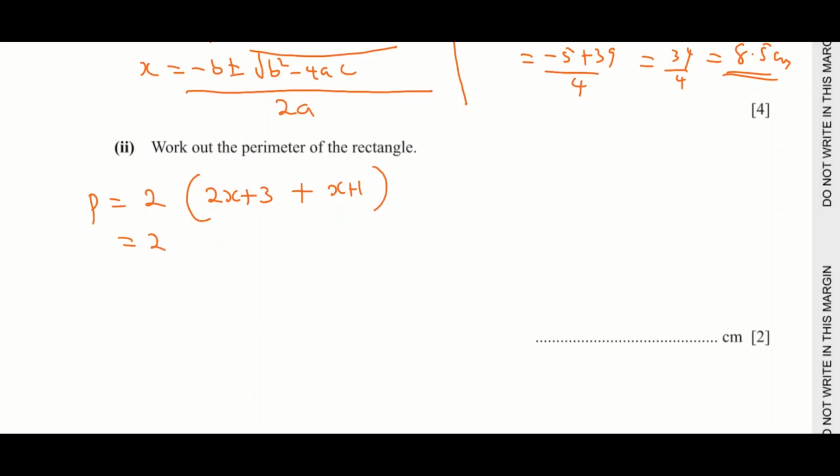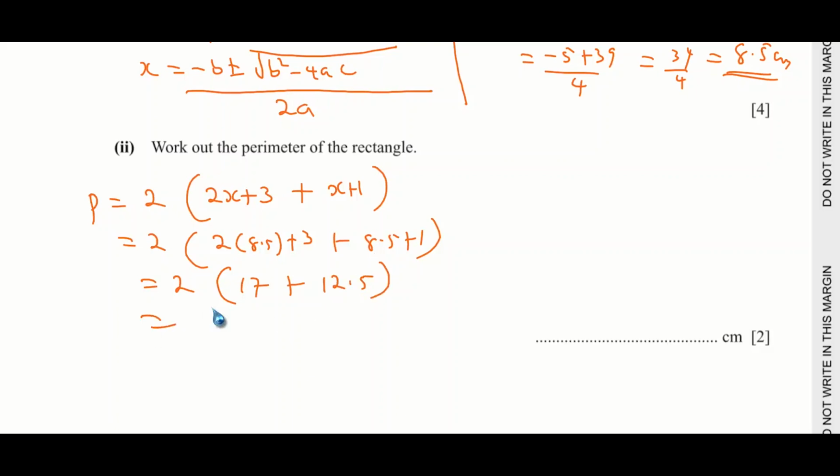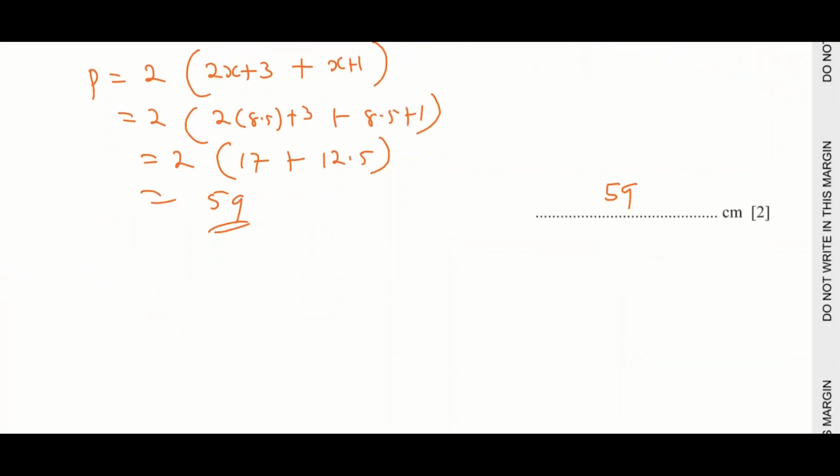So let's substitute the values. It will be equal to 2 into 8.5 plus 3 plus 8.5 plus 1. If you expand this bracket, 2 into 17 plus 3 add 1, 4, 4 add 8.5, that is 12.5. So if you expand the bracket, you should get 59 centimeters. Wow, we're almost done.